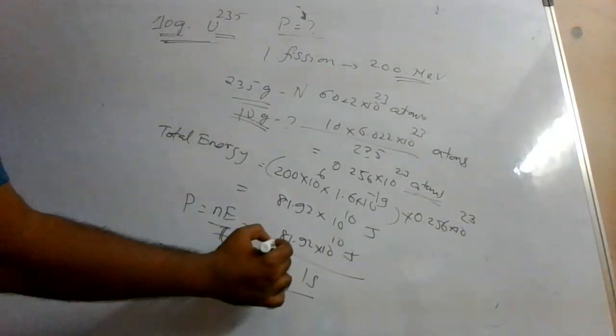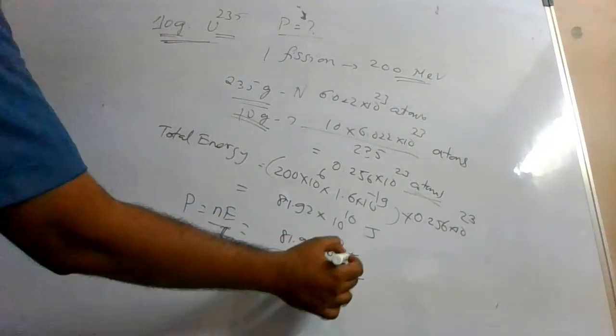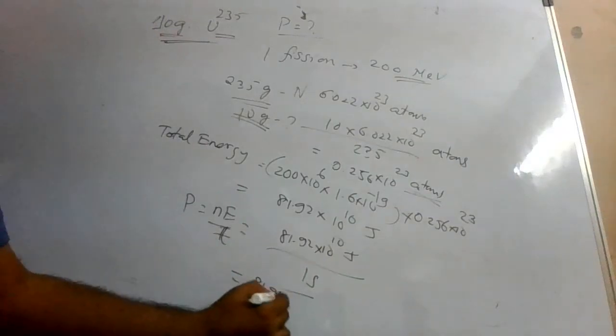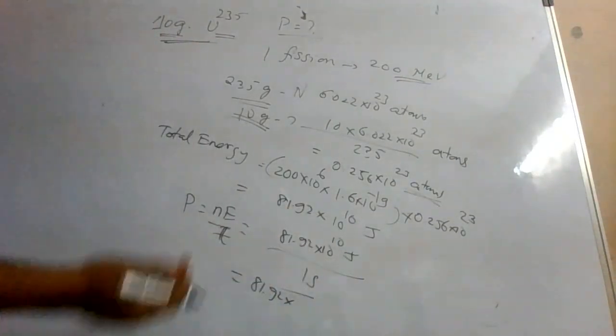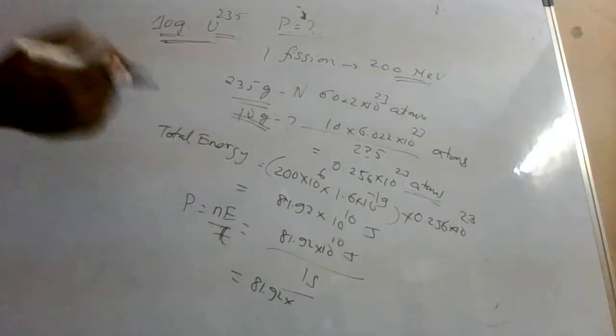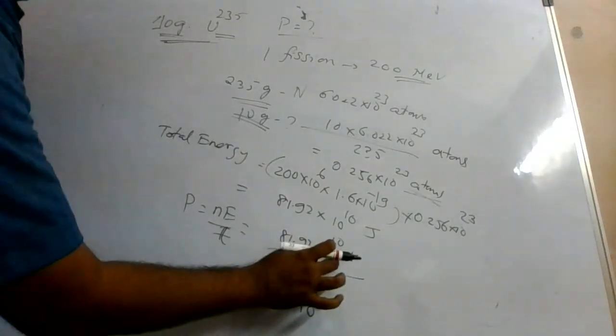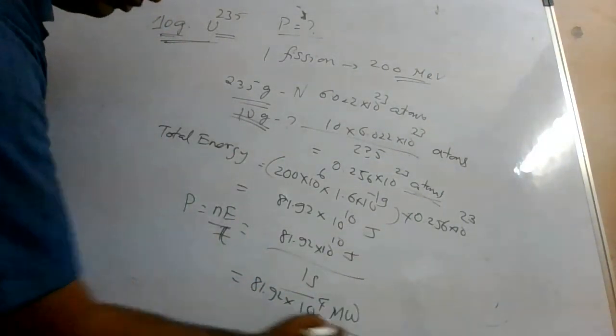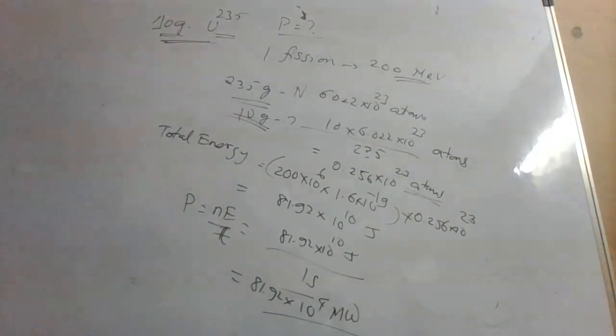So 81.92 into 10 to the power of 10 watts. Divide this value by 10 to the power of 6 to get the value in mega. If you divide 10 to the power of 10 by 10 to the power of 6, you get 10 to the power of 4 megawatt. This is just a theoretical calculation we have done. So this is how you can calculate the nuclear power output.